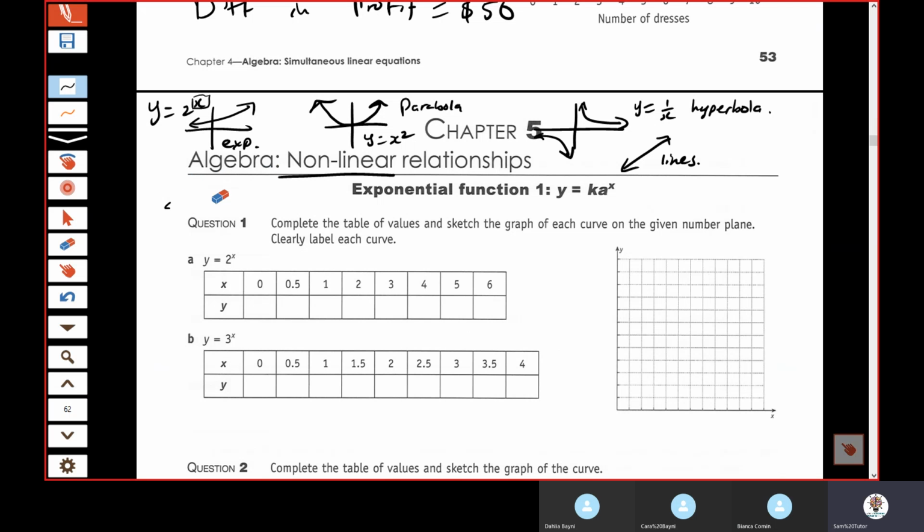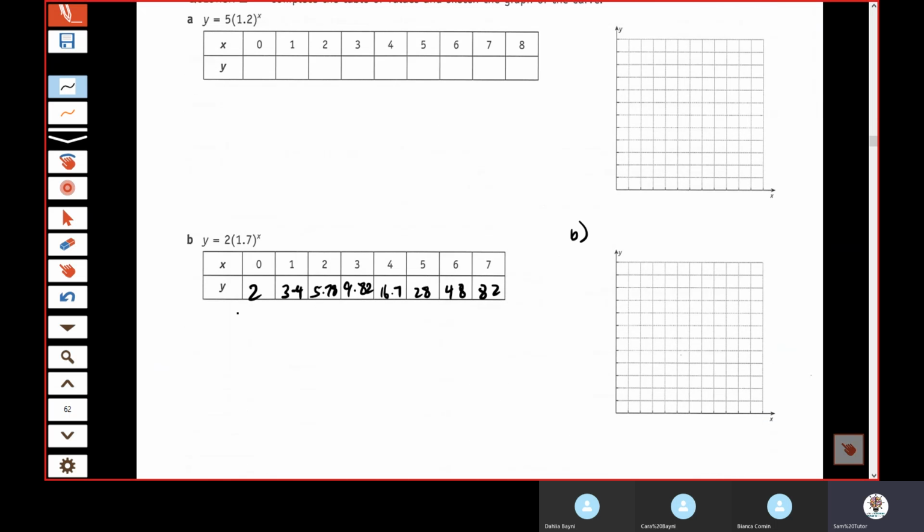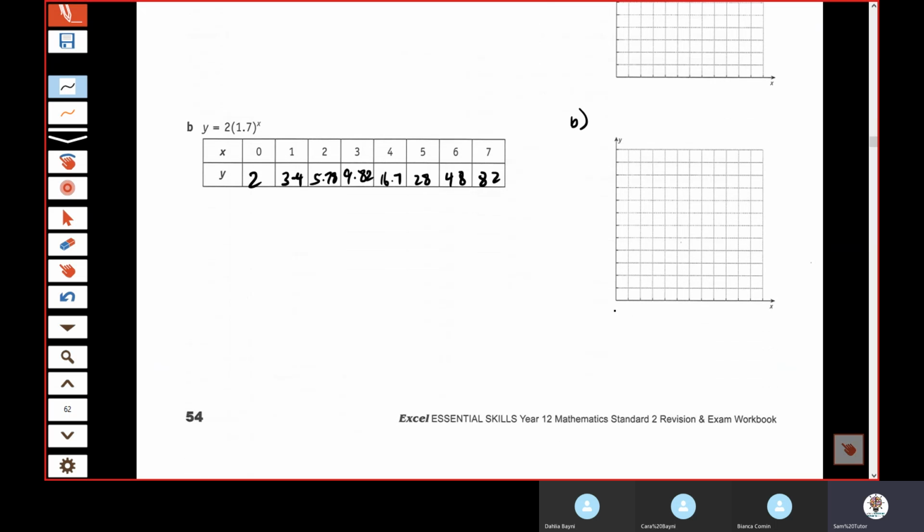That's the idea of it. So it does shoot up pretty quickly. You can see that now with your table of values. There's your 0, there's 1, 2, 3, 4, 5, 6, 7. And then you go all the way from 2 to 82, right? So you're not going to go, oh, it's 1, 2, 3. That's just silly.